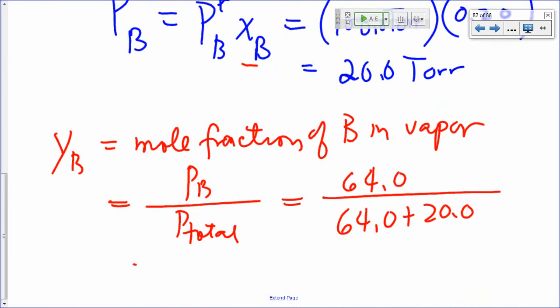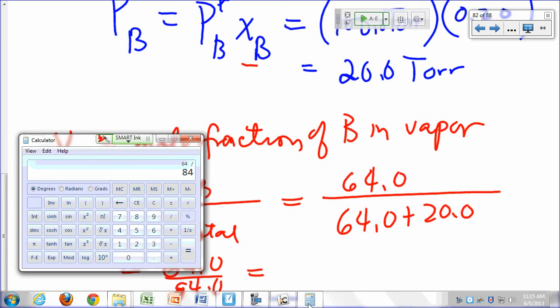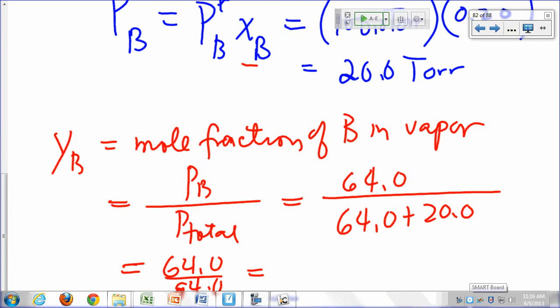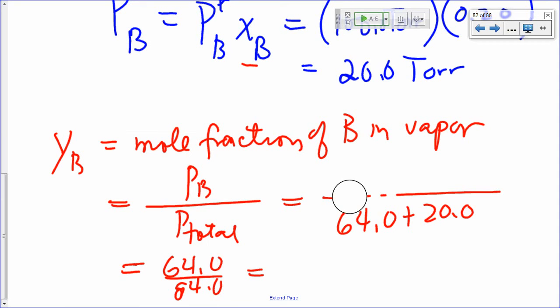Okay. So this will be 64.0 over 94.0. What's 64 over 94? Not 94, 84. 64 divided by 84, it's 0.76. Oh, I'm sorry, it's not 64. Partial pressure of B is 20. Okay, sorry about that.